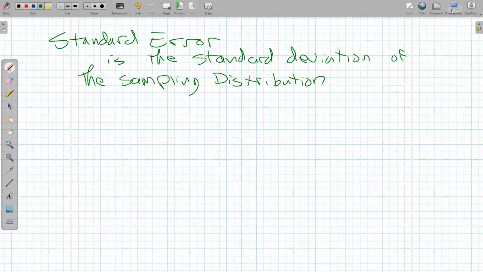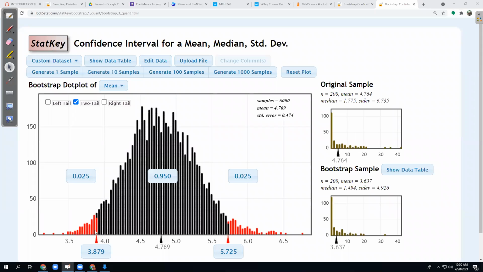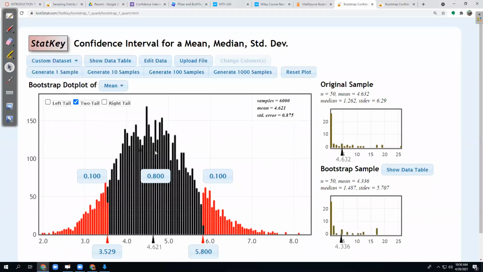So what StatKey did for me is it took all of these 6,000 means I have here, and it applied the standard deviation formula, the same formula that Excel uses or Google Sheets uses. It applied that formula to these 6,000 means, and it said, okay, the standard deviation for these means is 0.474. And the standard deviation for these 6,000 means is 0.875.